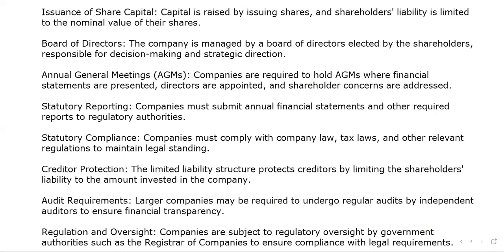So we have preferred shareholders and ordinary shareholders. So before I go in depth, who is a shareholder? It is a person that owns a certain percentage of a company.